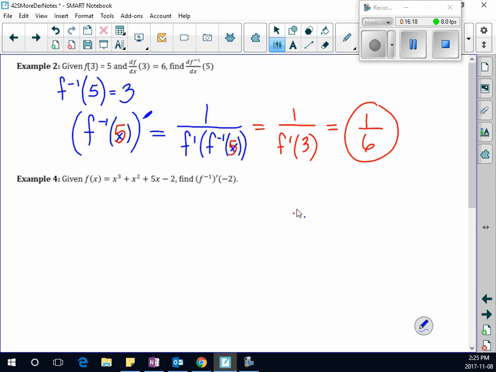Very good. f of 0 will give me -2. They won't give you something really hard; they'll give you something kind of obvious. So let's refresh our memory: f of 0 is -2. Why? Because if I plug 0 into the x's, I'll get -2 out. That means the inverse of -2 is 0.